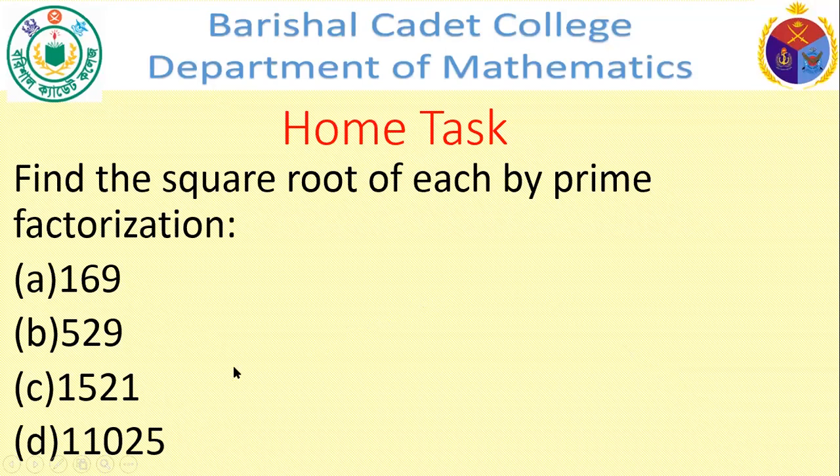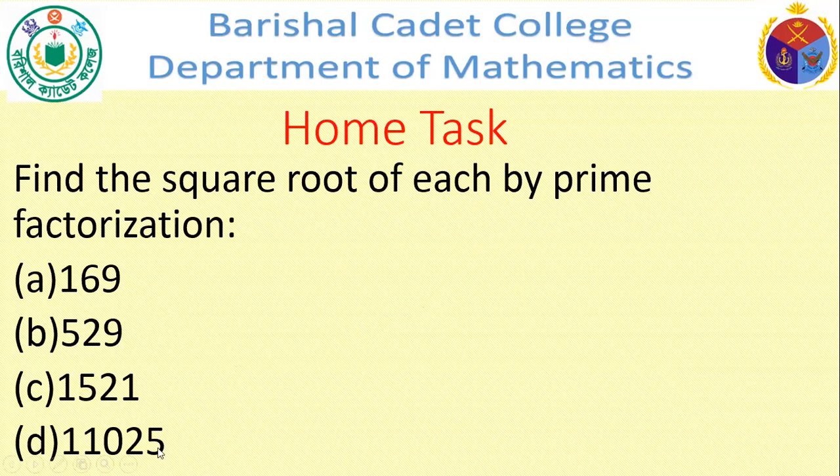Boys, we have already learned how to find the square root, what the square root is, and what a perfect square is. Now you will practice more at home. Here are some questions; this will be your home task. Find the square root of each by prime factorization.